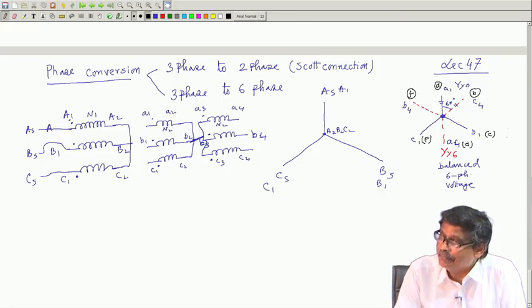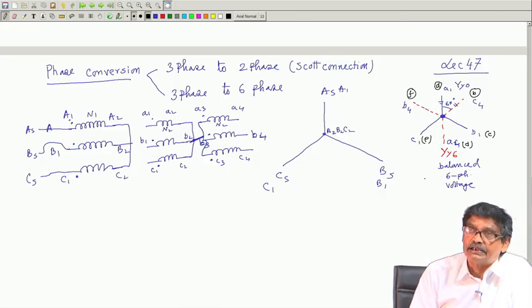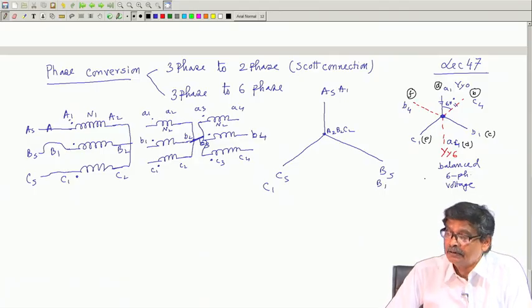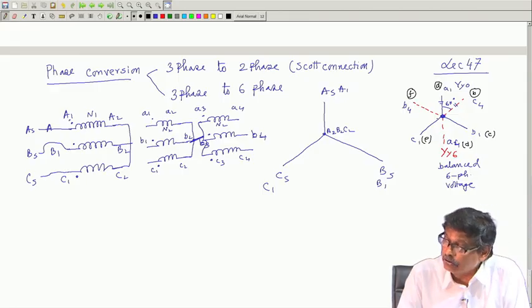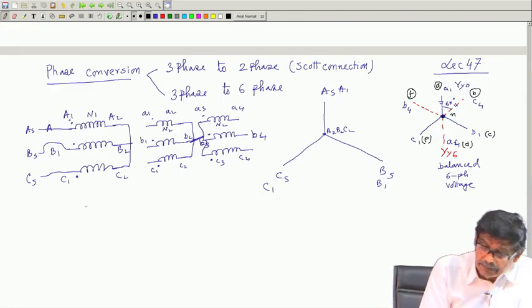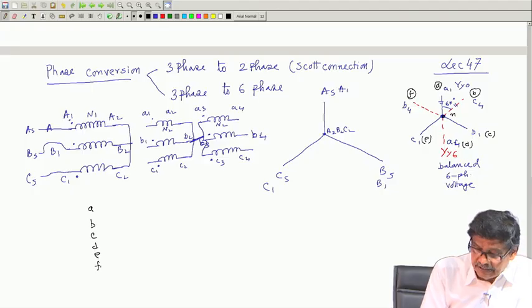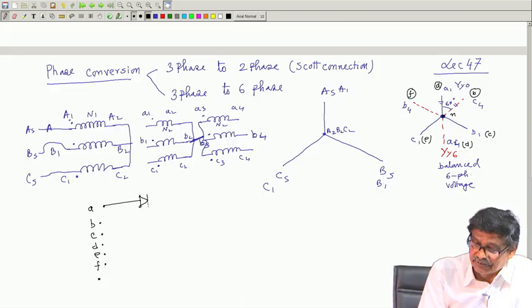I could rename them. Then I have these 6 voltages A B C D E F, whose magnitudes are the same, and it also has a neutral. So I have a supply system now whose terminals are A, B, C, D, E, F, and also neutral. Got the point? What you do now is connect diodes. This is one of the applications I am telling you about.